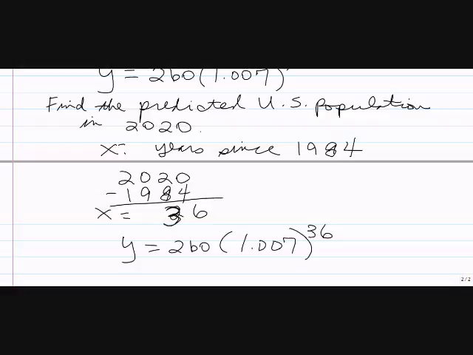Or if you had a tremendous amount of time, but taking 1.007 to the 36th power is not going to be a lot of fun unless you know some shortcuts. All right, so that happens to be 334.22. So that means the population in 2020 is predicted to be 334.22 million.